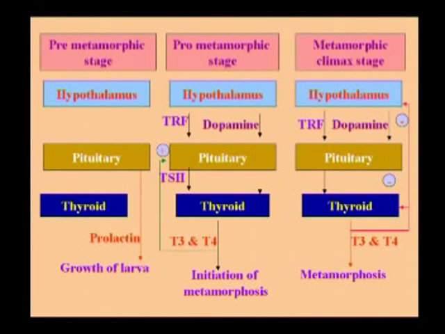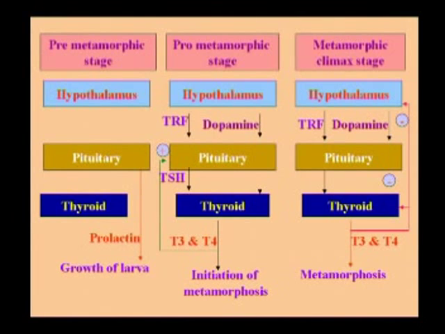By this time, during the climax stage, the larva transforms into an adult within a short duration. The T3 and T4 level in the blood is high, so it automatically gives a signal to the thyroid gland not to release T3 and T4.